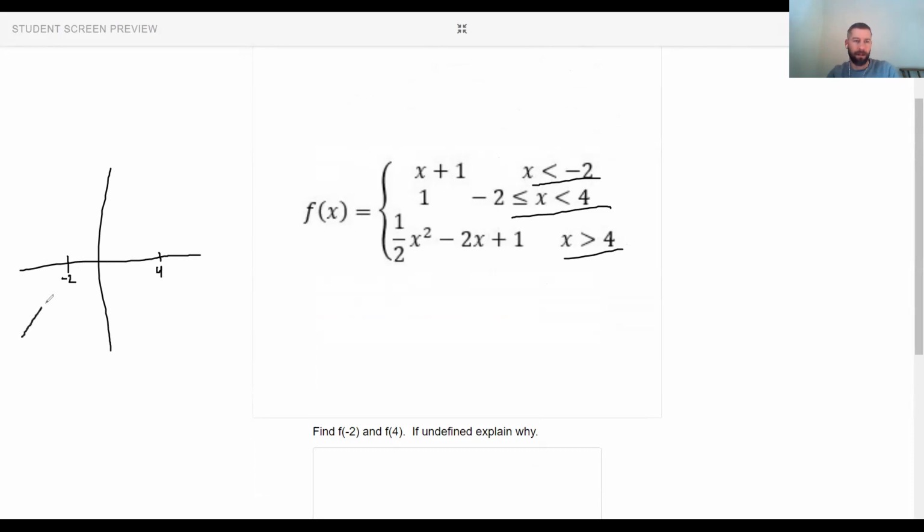So it might look like this, a straight line all the way up through there. Between -2 and 4, I would be just using the graph that is equal to 1. And anything greater than 4, I'd be using this quadratic function, whatever that looks like. So it might look something like this.